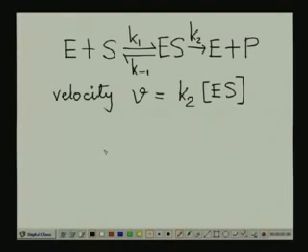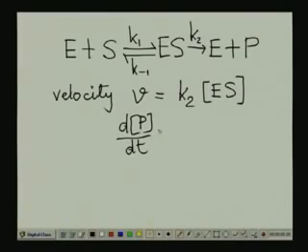What is the rate at which products are formed? It is dP dt, right? dP dt is the rate at which products are formed. So, I have my dP dt, which is actually nothing but the velocity.